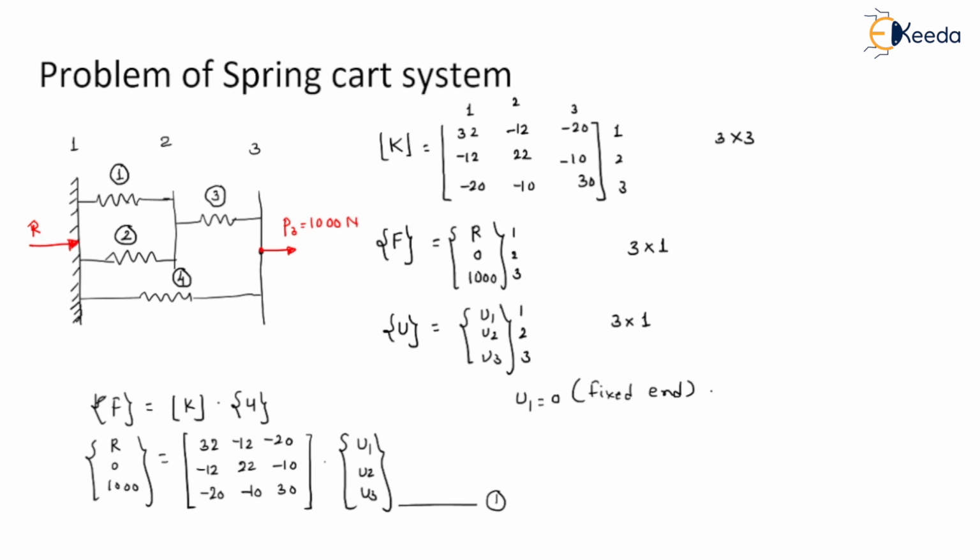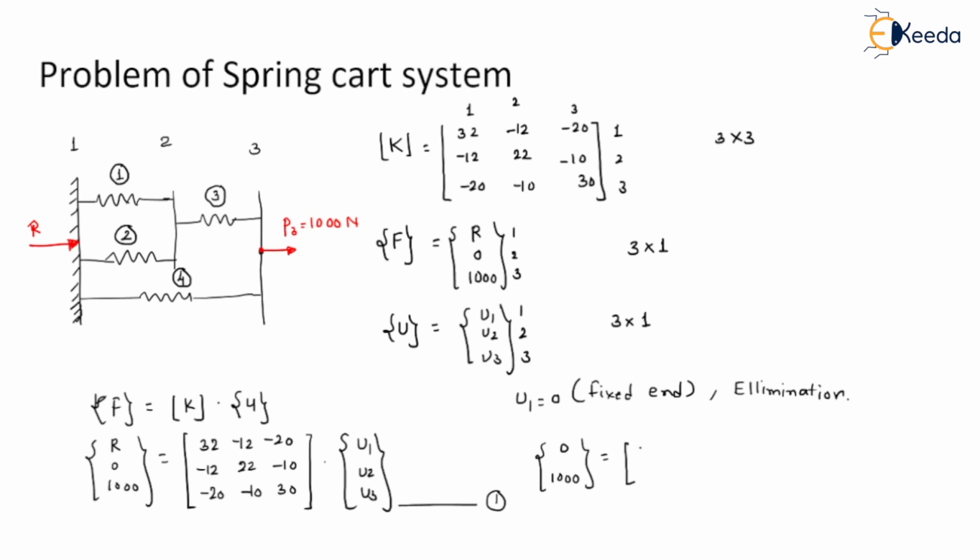So we apply the elimination method and we eliminate the first row and first column. So we have only two values remaining. So you can write it down like this: 0, 1000 is equal to, first row and first column we have to eliminate.